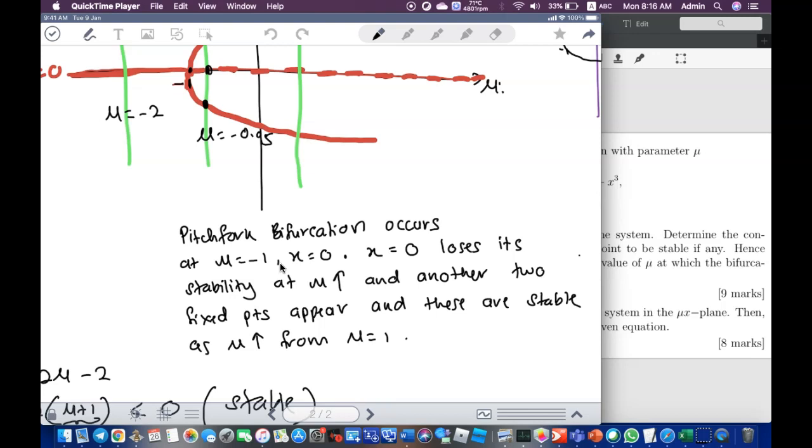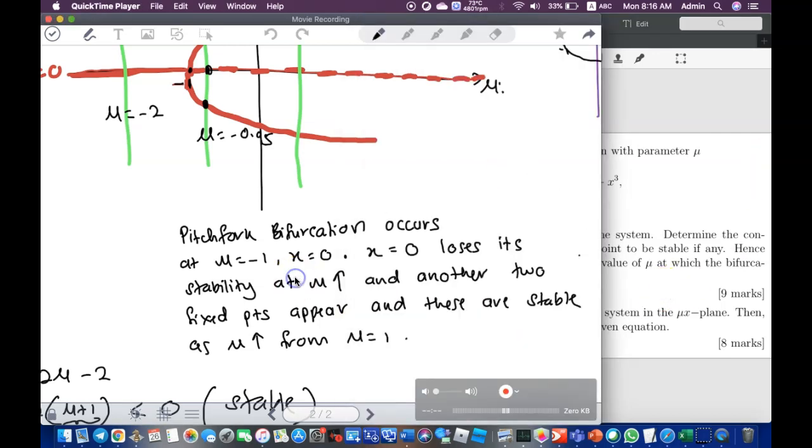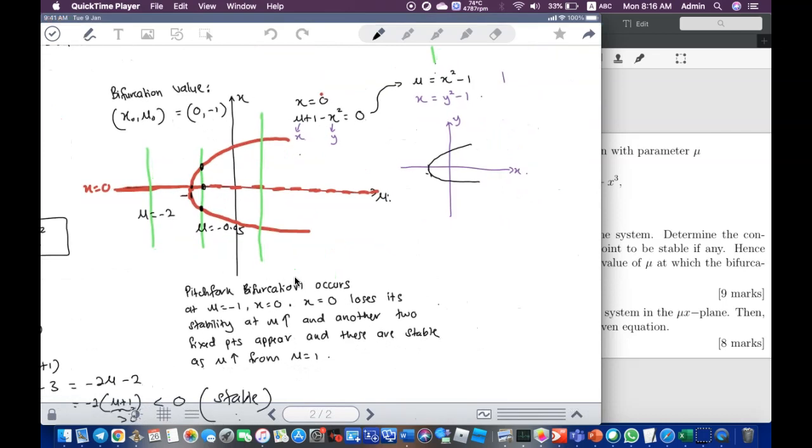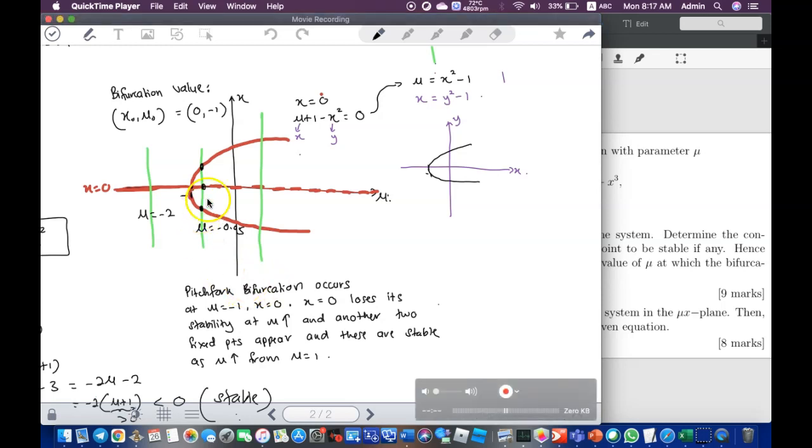So this is the physical description, just for your understanding. Okay, but if you want to answer this question, just enough for you to provide me the diagram and also the bifurcation value, unless they ask you, maybe they will ask you, give the reason why the bifurcation value occurs at x naught 0 and mu naught minus 1. So this is the reason.